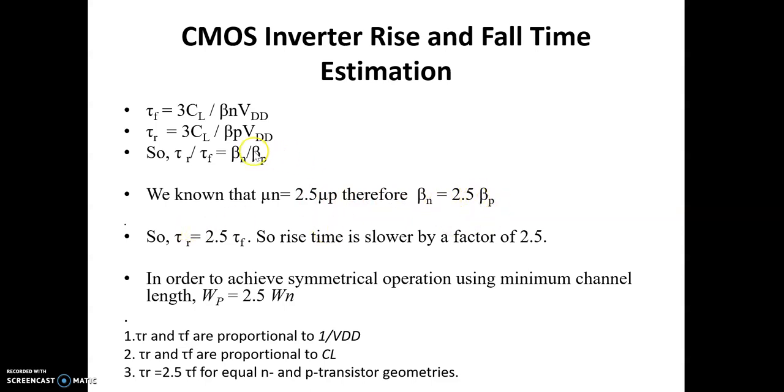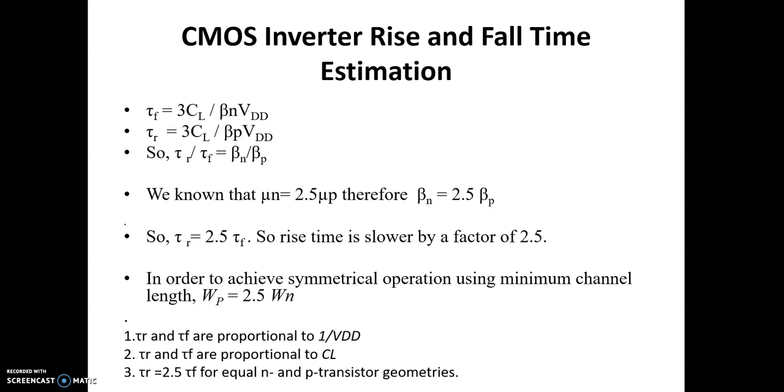Comparing this, when we substitute it here, we see that the rise time is slower than the fall time. The output falls when it is discharging through the N transistor. The N transistor has better mobility, so falling happens quicker than the voltage getting raised. So rise time is slower compared to the fall time.